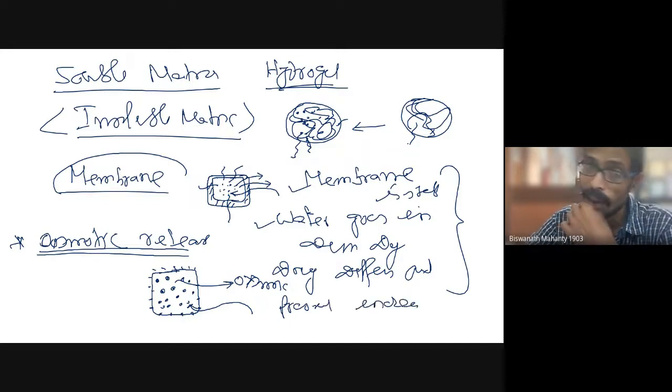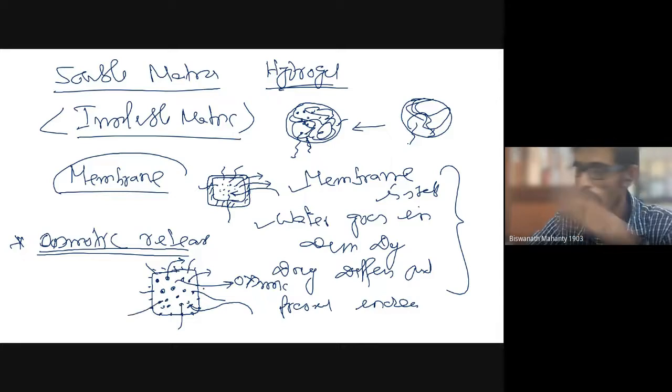And now there is no diffusion of drug. Please listen, there is no diffusion of drug. Once the molecules are dissolved, the membrane can break out, releasing the compound. So osmotic pressure is created because of the water inlet.